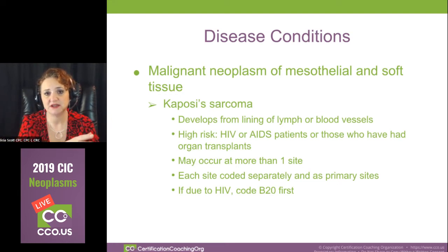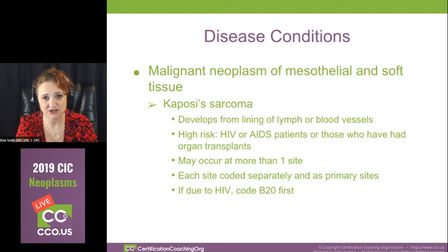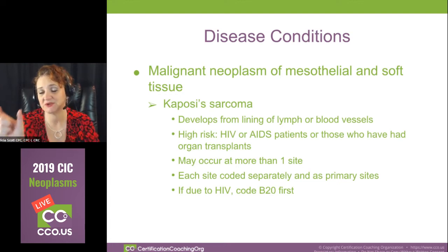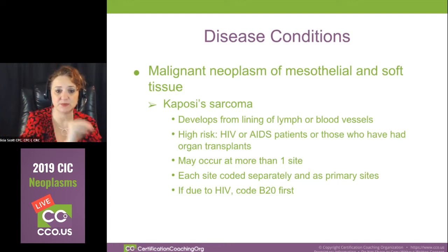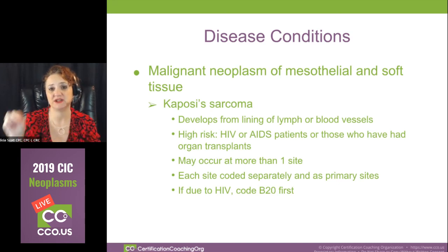And HIV is, what is HIV? I can't remember, but B20 is AIDS. So you're going to code the Kaposi sarcoma, and then you're not going to code them as HIV positive. You're going to code them as a B20, which is AIDS, because Kaposi sarcoma turns HIV into AIDS.